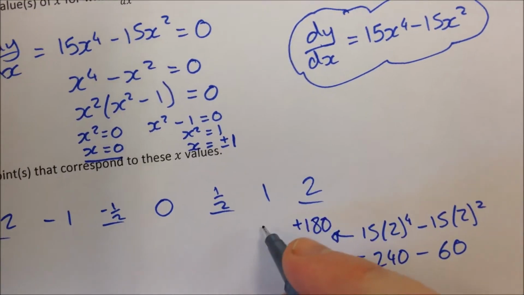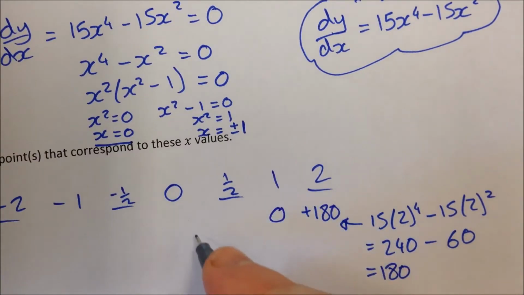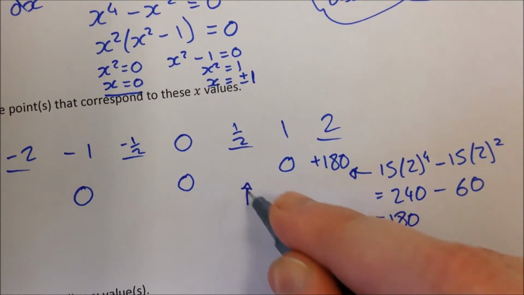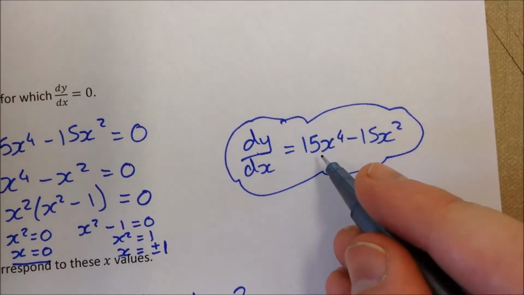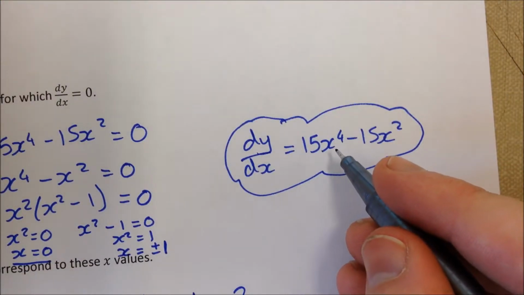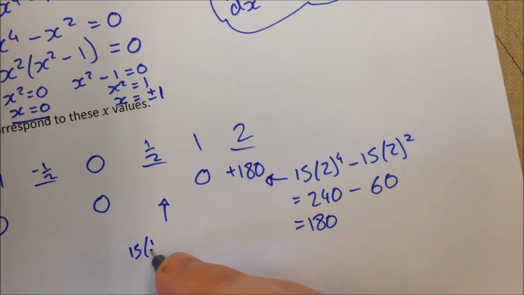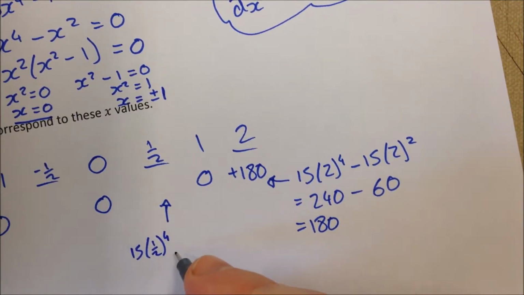Positive 180. I might as well put these values in now as well. These all come up with zeros for their dy/dx's, for their gradients. This one here, plug in a half into each of these. So 15 lots of 1/2 to the power 4.